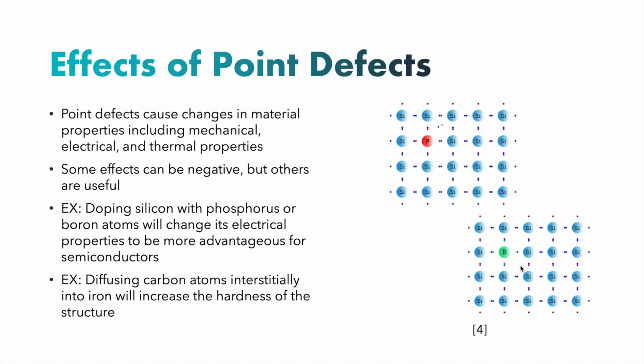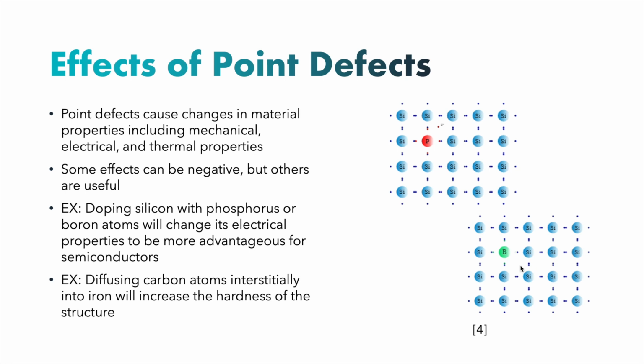There are multiple effects to point defects, including changes in material properties such as mechanical, electrical, and thermal properties. While these effects can be negative, oftentimes they are also useful in different uses.